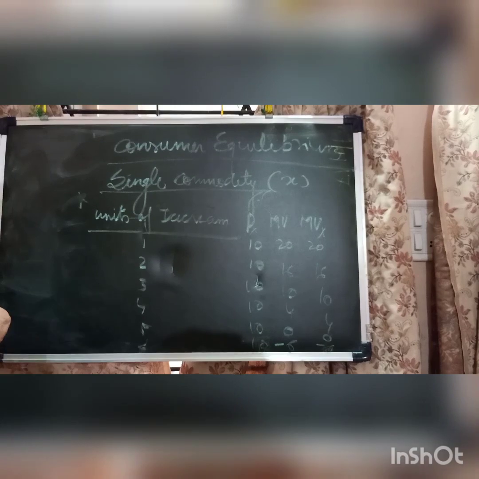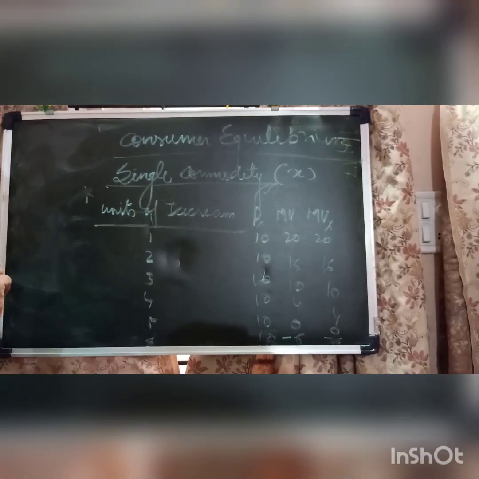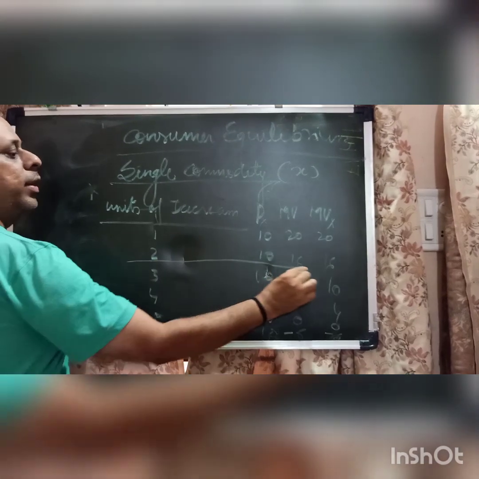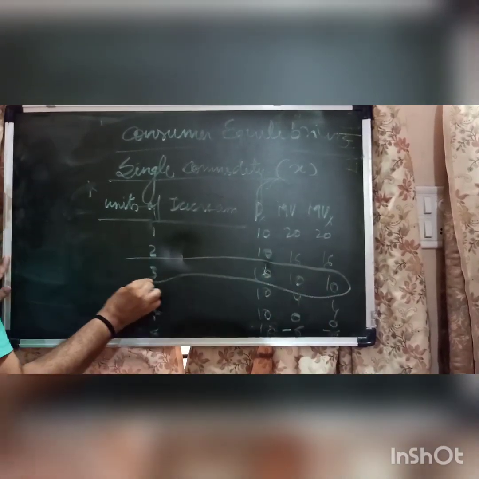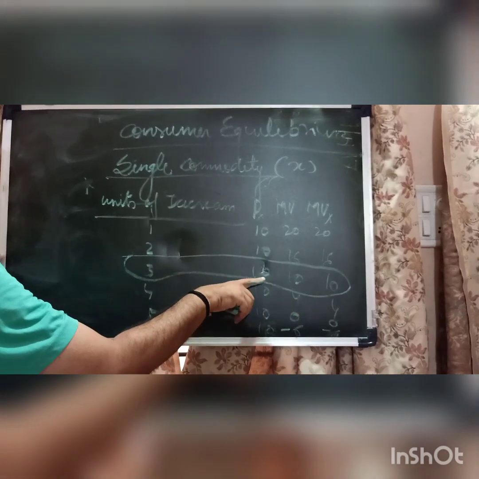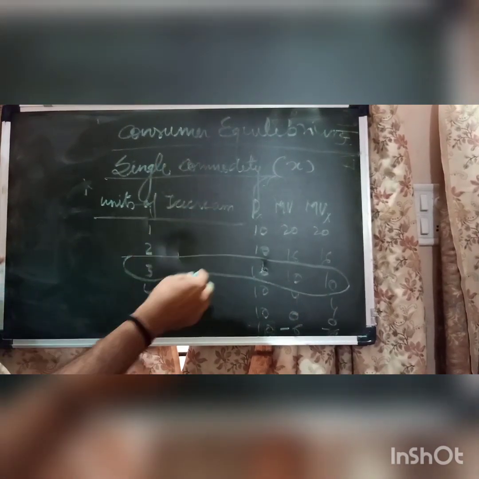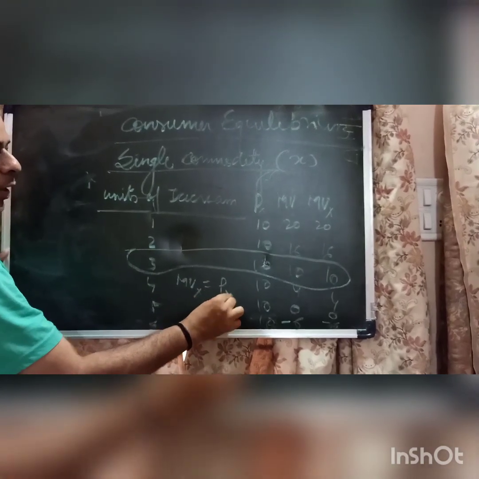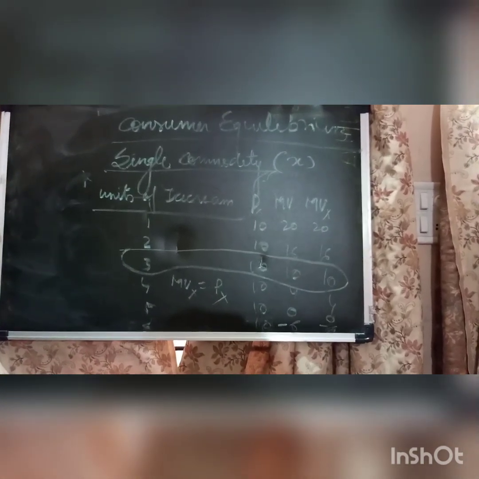Now see here that the price of one ice cream is rupees 10. This column, if I see this column, the MUX is 10 and PX is 10. We have seen that when MUX is equal to PX, it is our condition of equilibrium.